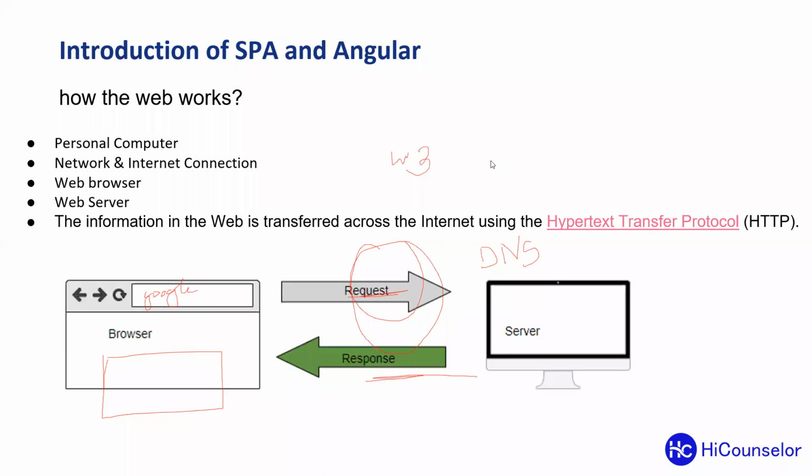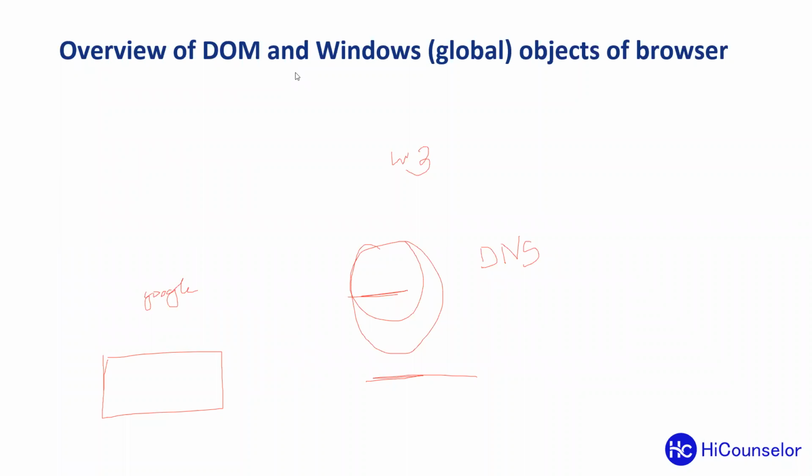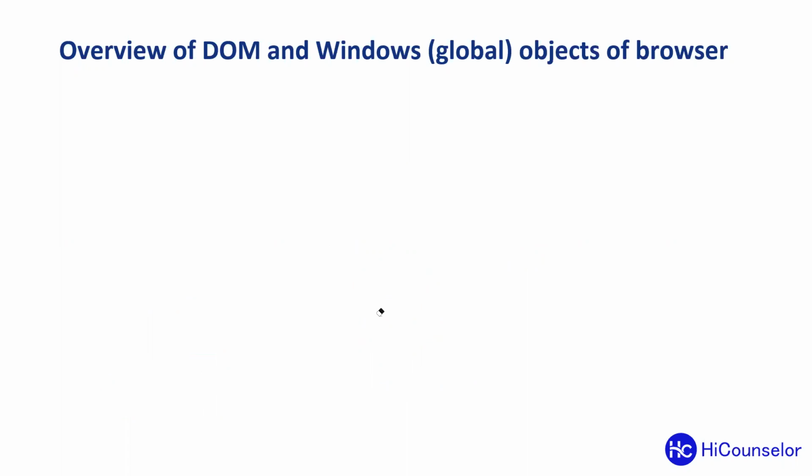Now, let's understand a few other things. What is a DOM? Just now we discussed what a web page is. Whenever we send a response to the client, that response is in the form of a web page, and that web page has its own structure.